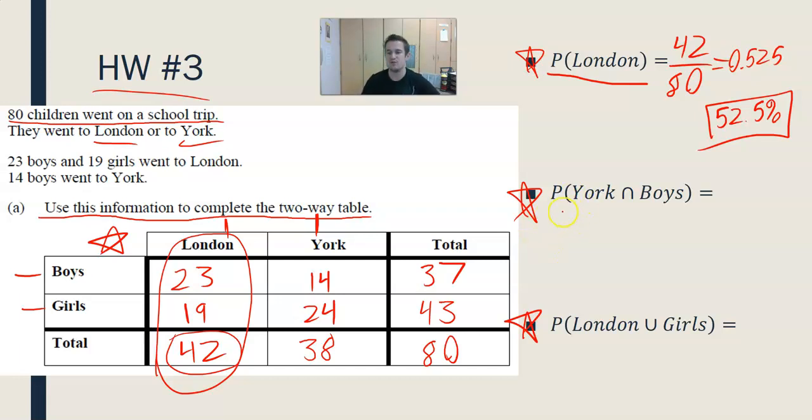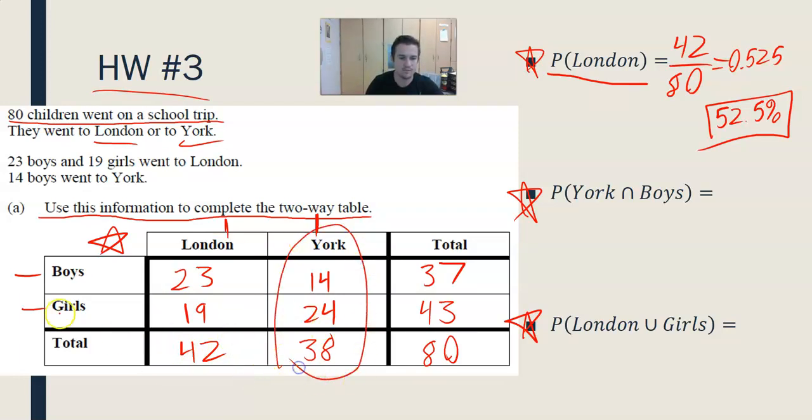Now I want to find, and this is in probability notation, the probability of York intersected with boys. Or in other words, the probability that I select a student who is a boy that went to York on this school trip. So here's my York column. Here's my boy row. The total number of boys who went to York is 14.